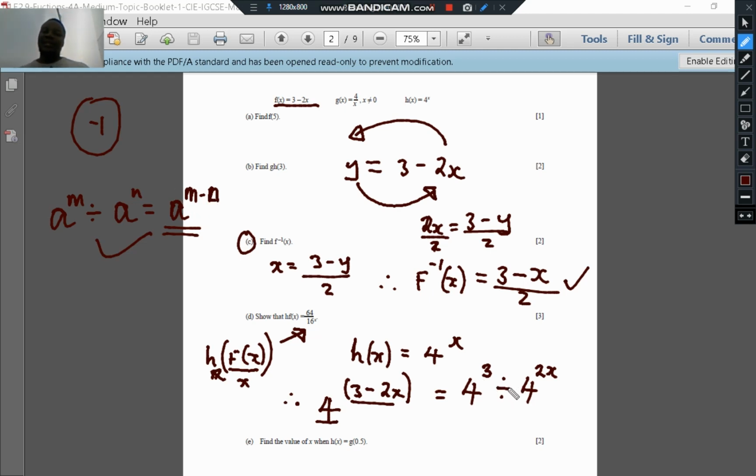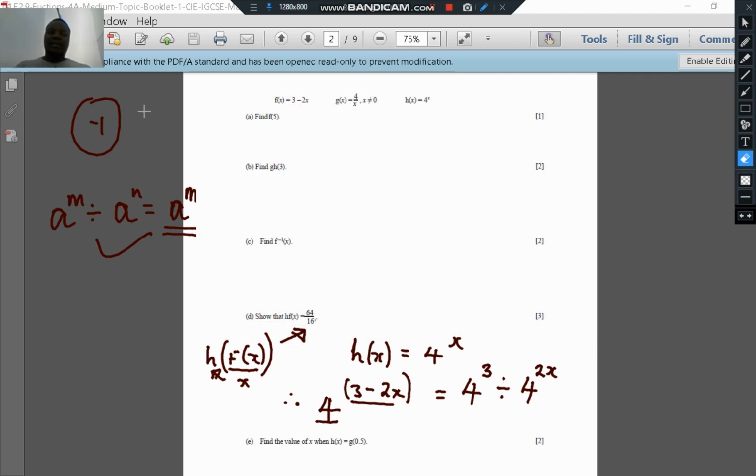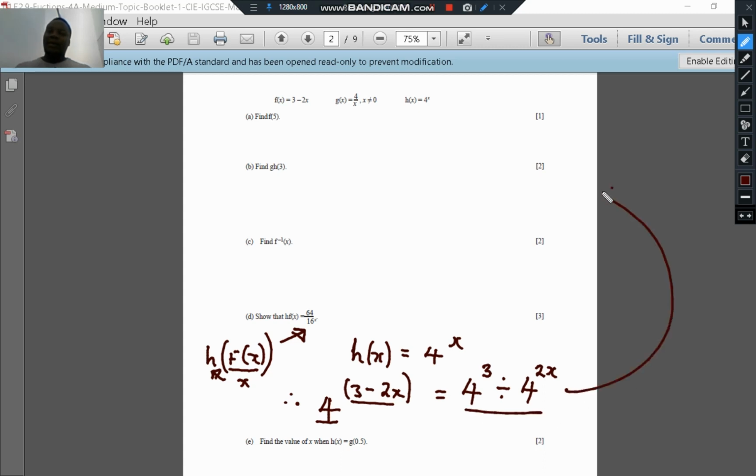So we are basing our assumption on this law here. Now, if this is division, it also means that we've got 4 to the power of 3 divided by 4 to the power of 2x, which in its case is the same as 4 to the power of 3 over.